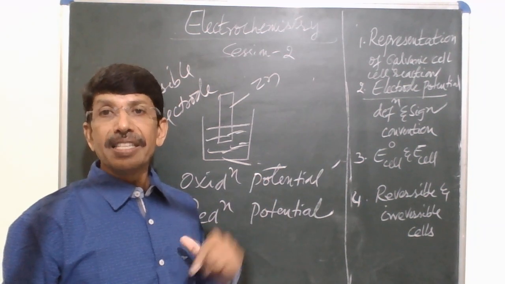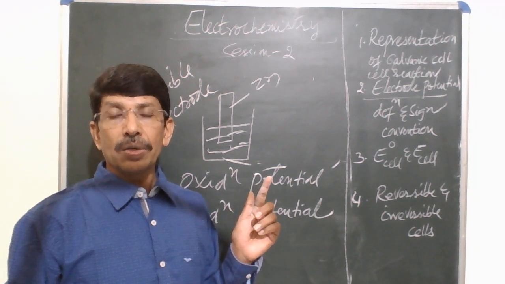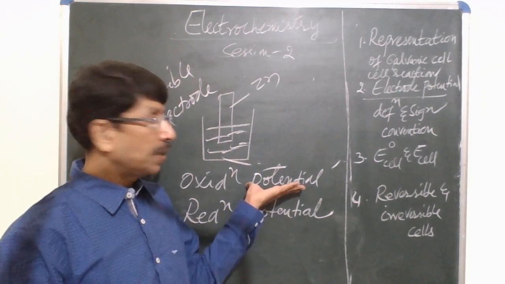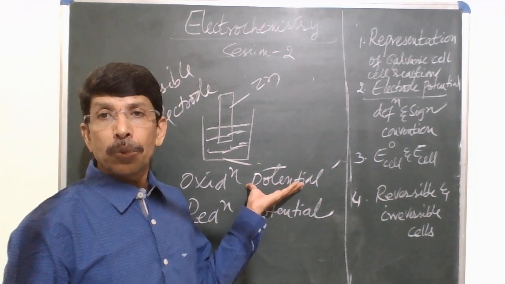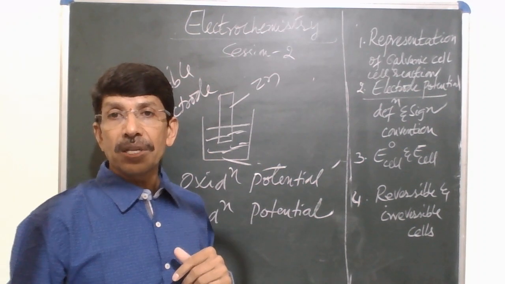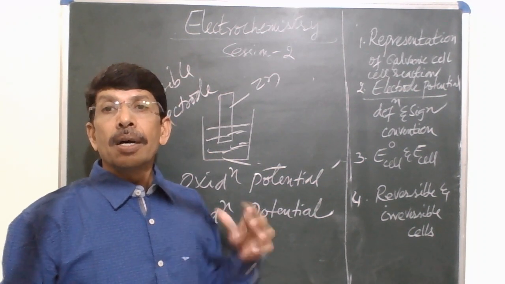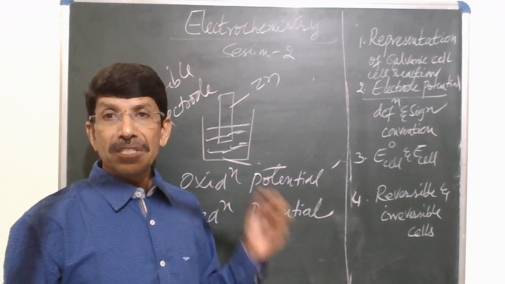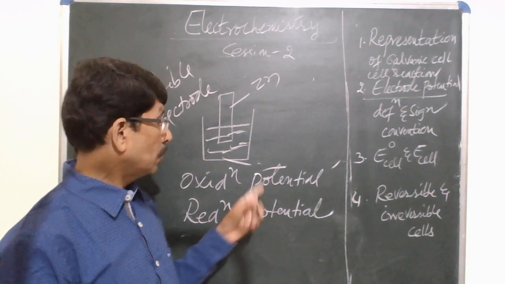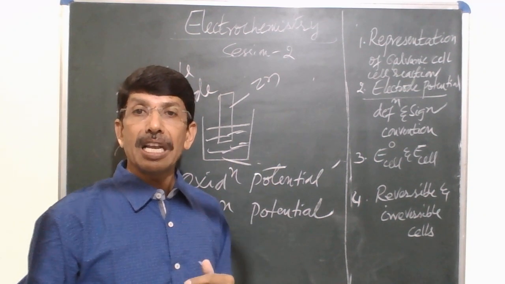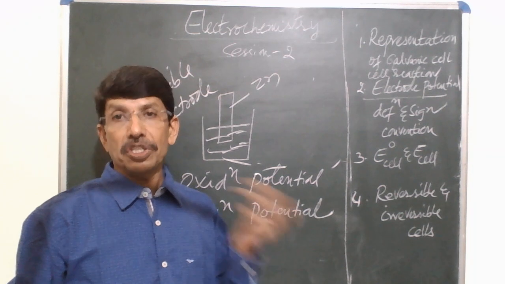When a zinc electrode is coupled with a copper electrode, oxidation takes place at zinc, so it possesses oxidation potential. When the same zinc electrode is coupled with a sodium electrode, it acts as cathode, reduction takes place at zinc, and the potential developed will be reduction potential.